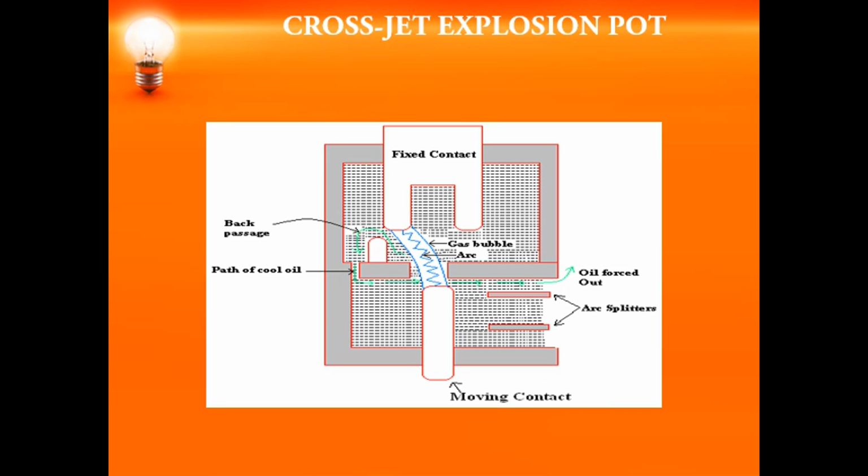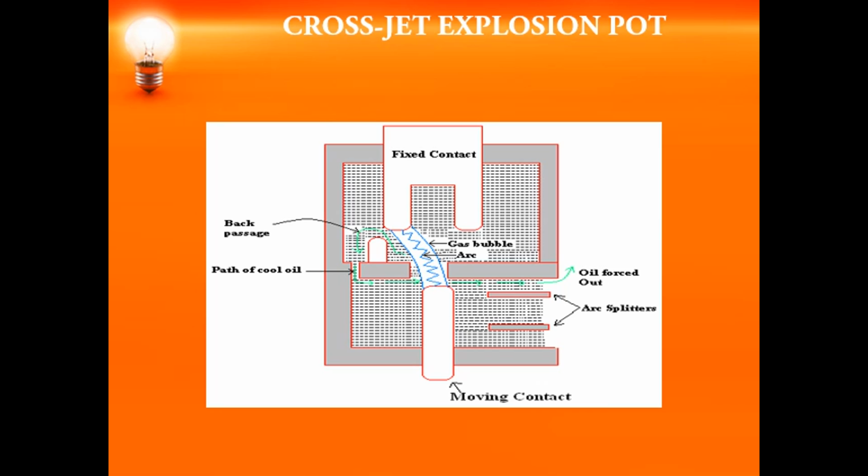Obviously, again I will not repeat the same thing. On the occurrence of the fault, you have an arc formed, so the moving contact gets separated. When it gets separated, you have arc splitters that will split the arc. Once the arc is split, the arc is quenched. So the arc splitters are used to increase the length of the arc when the moving contact is traveling.